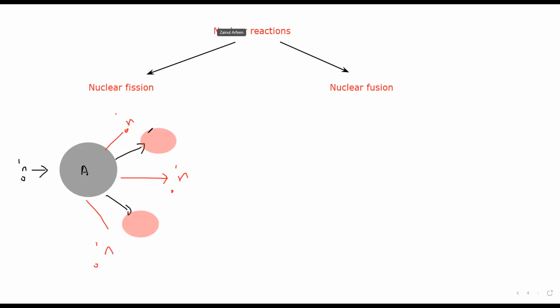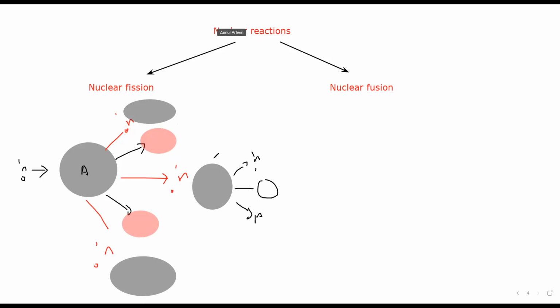Because these emitted neutrons further collide with more heavy nuclei, multiply the process, and release more neutrons, producing smaller nuclei which have higher binding energy per nucleon. So nuclear fission is a chain reaction which multiplies, so it should always be a controlled reaction.